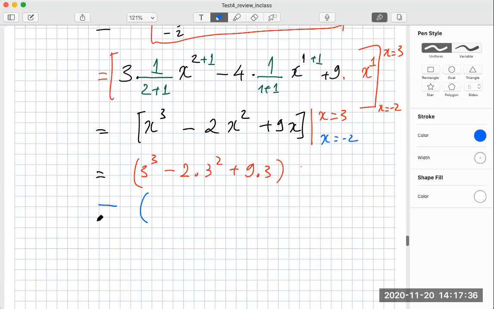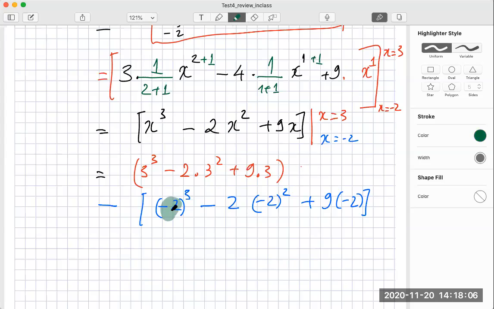There's a negative sign here, be careful. Subtract the evaluation at the lower limit, which is -2 to the 3, be careful, okay? Minus 2 times -2 squared plus 9 times -2. You should be very careful with the negatives here.